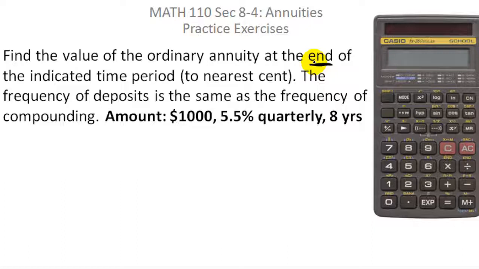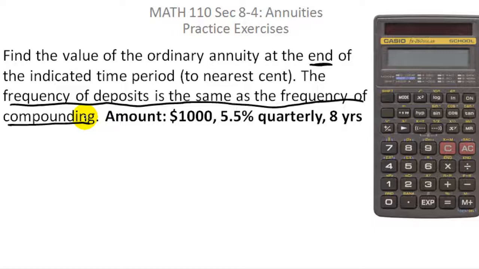You deposit at the end of a compounding period, and the frequency of deposits for an ordinary annuity is always the same as the frequency of compounding. Since all our annuities will be ordinary annuities, that's not going to cause you to get or miss a problem.